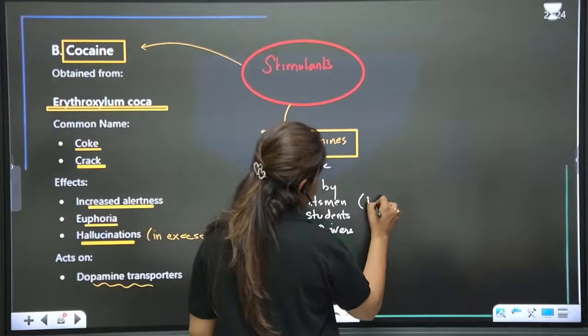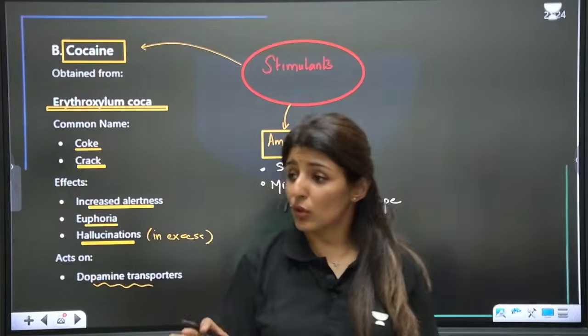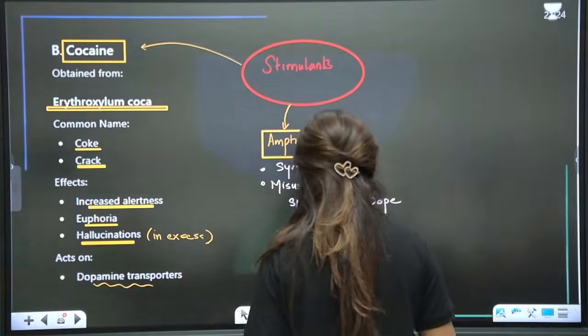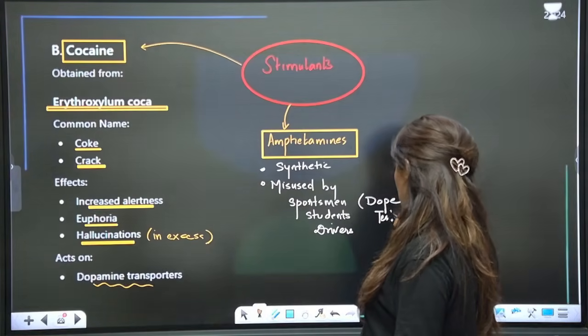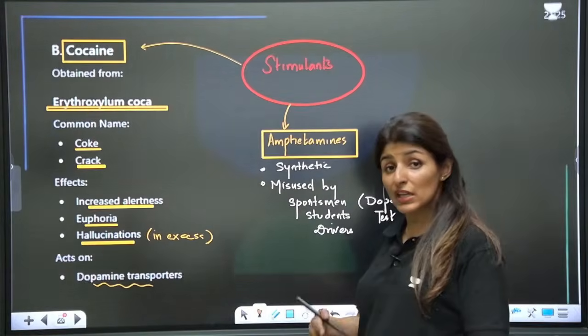So, the dope test, if you have ever heard of it: a particular sportsman has been ejected from a tournament because he or she failed the dope test.